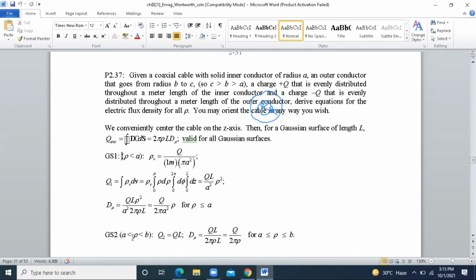For rho between A and B, if you notice, there is no charge between A and B. So whatever it is at A, it's going to remain that all the way up to B.